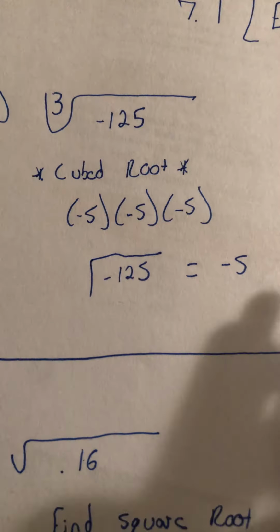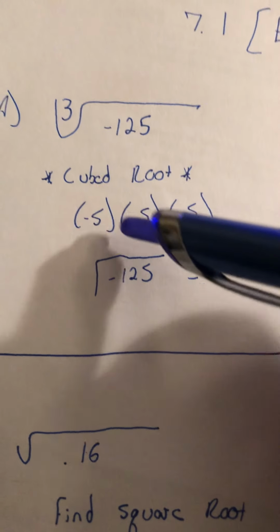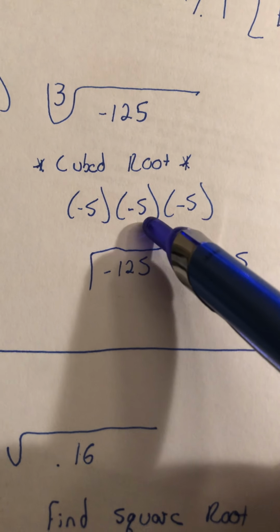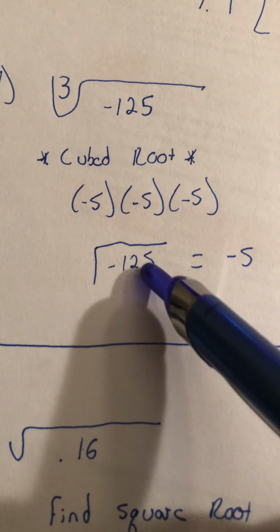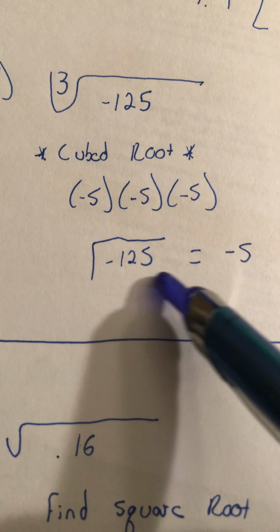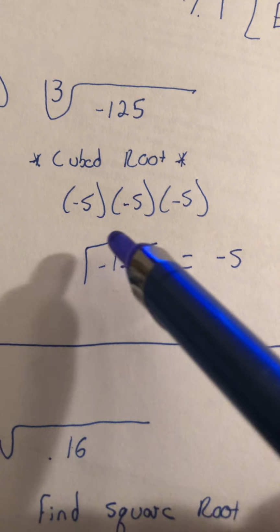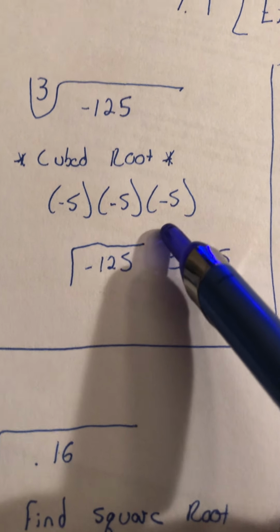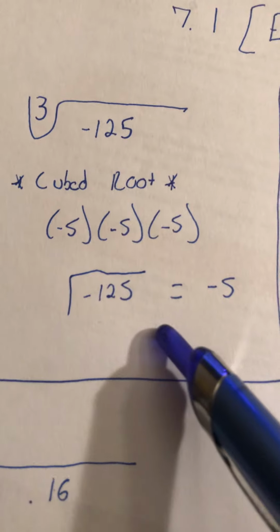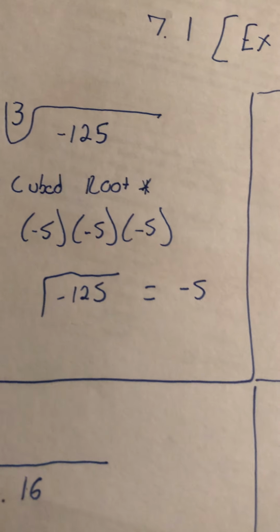You have the index, the radicand, it's the cube root. So that's saying negative 5 times negative 5 times negative 5 gives us negative 125. So the cube root of negative 125 is going to be negative 5. Again, 5 times 5 times 5 is 125, but it was negative, so it's negative here, and it's going to be negative also right there.